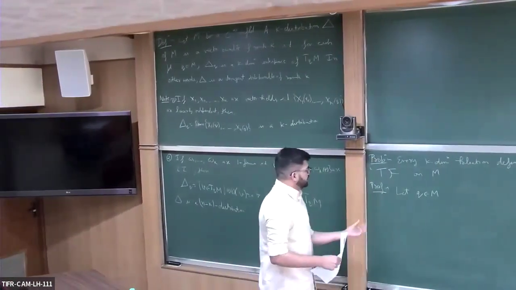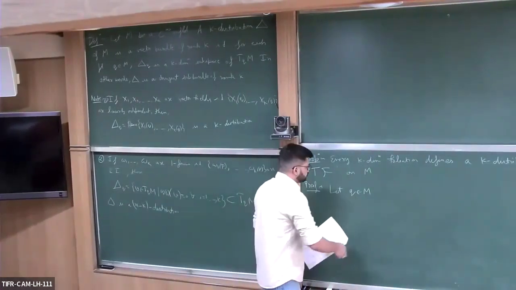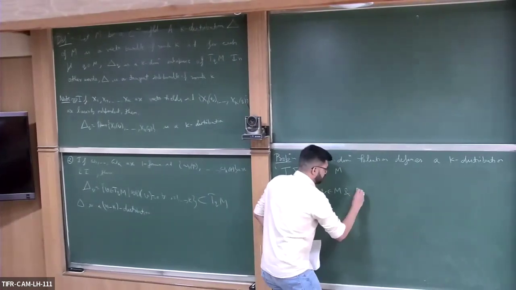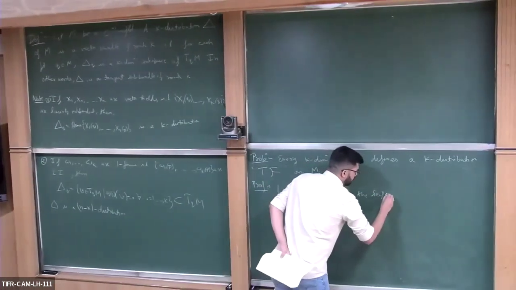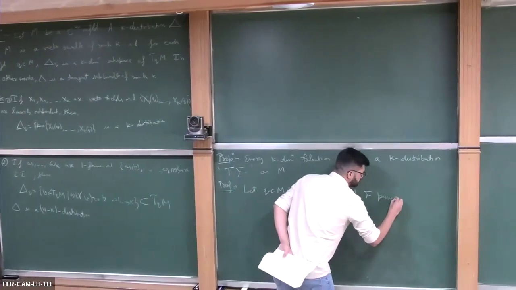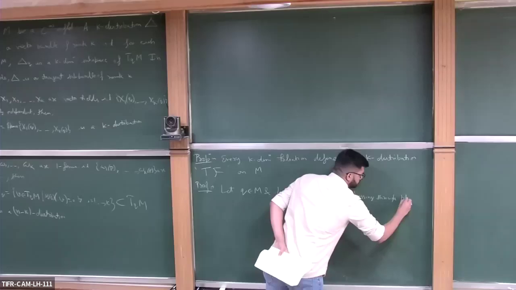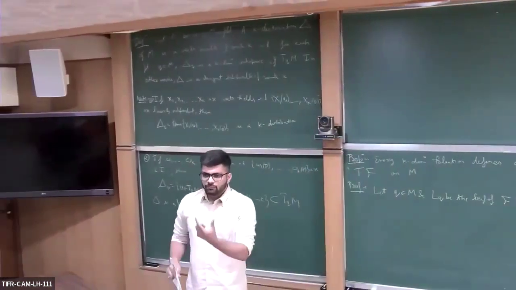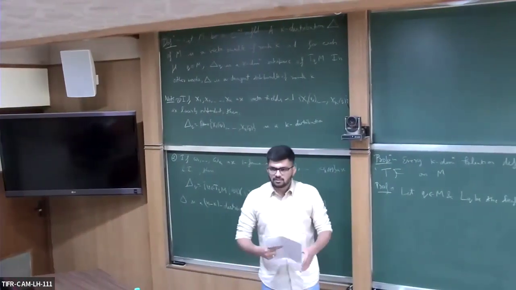So there is a unique leaf of the foliation passing through a point Q. Now, locally, a leaf looks like an open disk of dimension k, which is a plate.